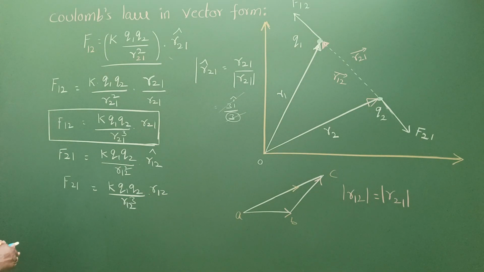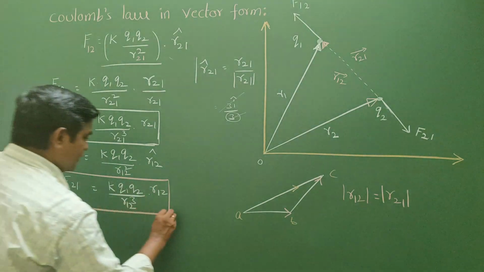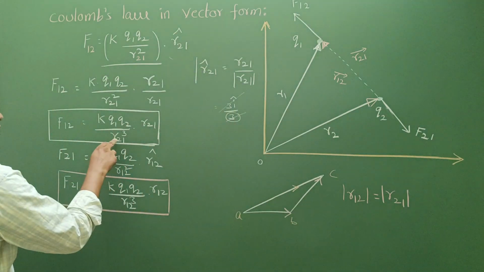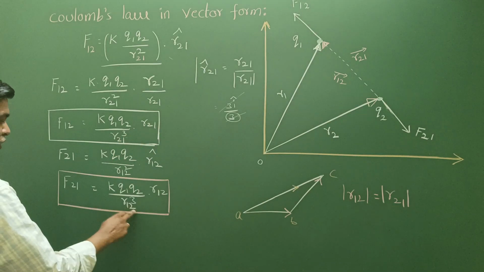Can we make them both equal? Yes, we can make it. Why? Because R1 to 2 equals minus R2 to 1. Here R2 to 1 cube is there, R2 to 1 is there, R1 to 2 cube is there.